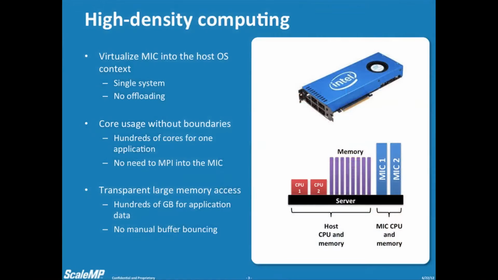What we do now is use that technology to take the boundary that sits between the host cores and the MIC. While the MIC gives us many cores or many threads, it's an independent, isolated system. It sits within the same box, but you need to move your code. You need to transfer the code to run on that or to run here. It's just like you work on a workstation and you send your code to the cluster in the back.